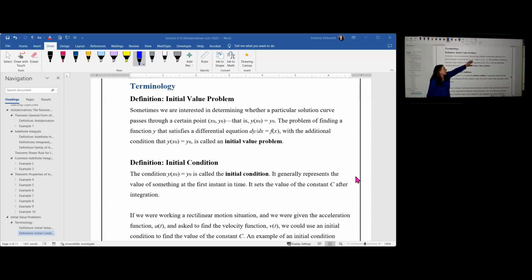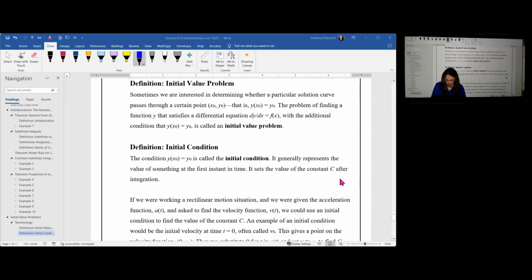I know this point, x naught, y naught, is on the antiderivative function. I just don't know what the antiderivative is. This initial value can help me pin down the value of the constant plus c. Now what we're going to do is we're going to take a look at an example.